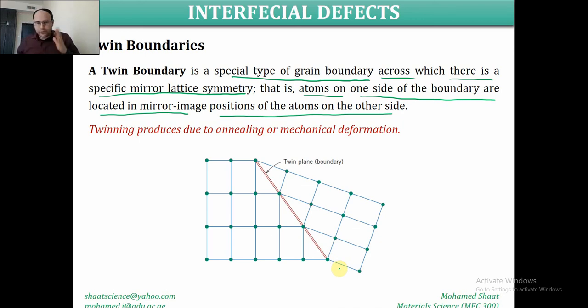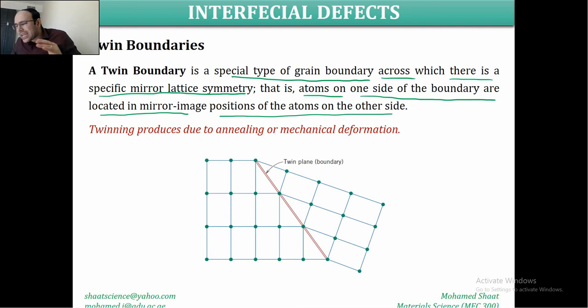So it is like a mirror. For example, let us assume that this plane is vertical. This would result in this side, this group of atoms or crystal on the right, being rotated vertical, to make this twin boundary vertical. If it is vertical, these two grains will be completely vertical and they're going to have the same crystal structure with the same orientation.